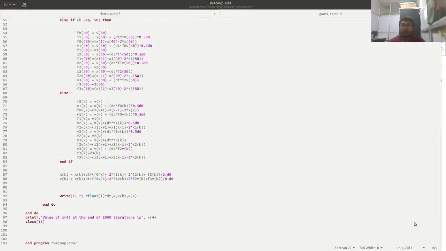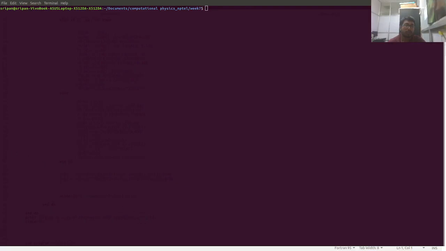So if we go back to this one, let's say we have the file name as rk4 coupled.f. What I can do is gfortran, run rk4 coupled.f, then ./a.out. It will ask for the number of iterations.